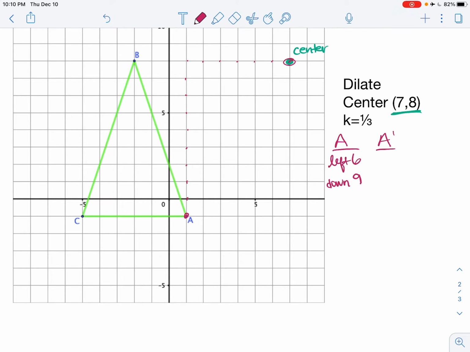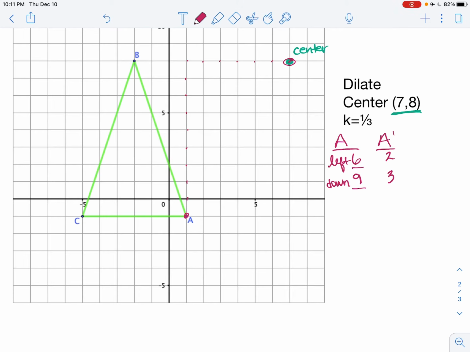That means I need to multiply both of these distances, 6 and 9, by 1/3. Multiplying by 1/3 is the same as dividing by 3. So 6 divided by 3 is 2, so left 2 for A prime, and 9 divided by 3 is 3.